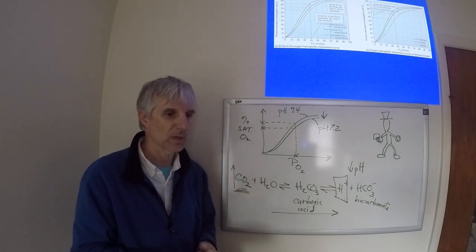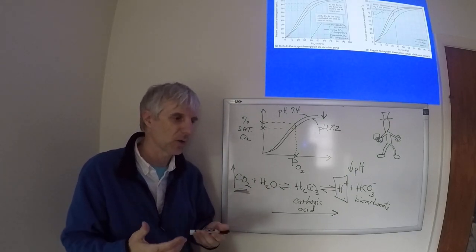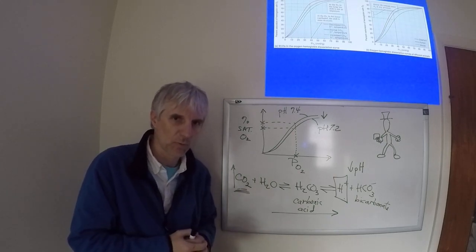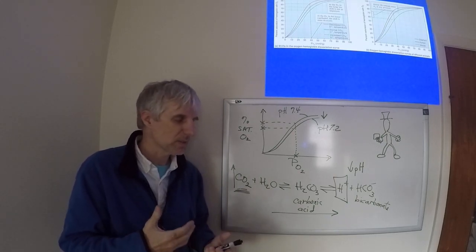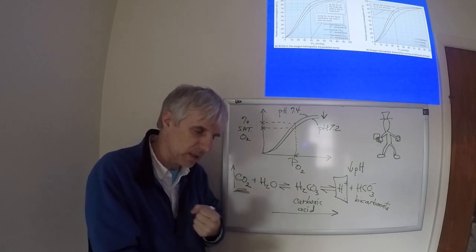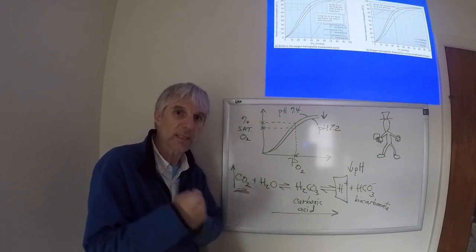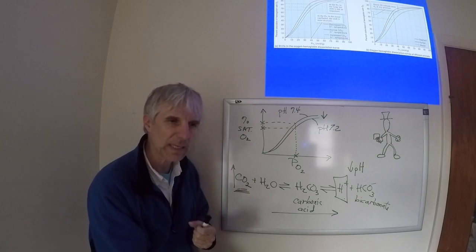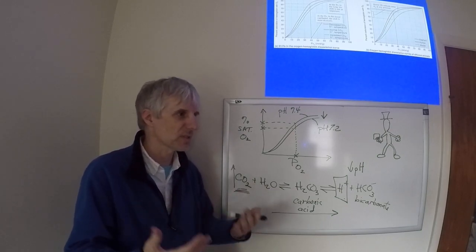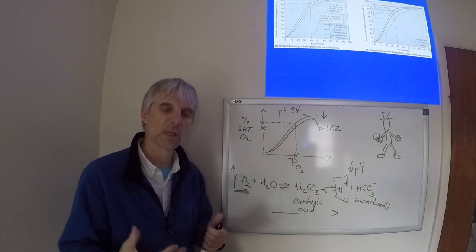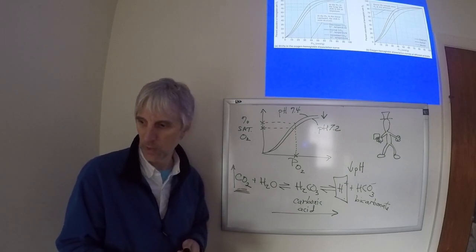Increased temperature also causes hemoglobin to cough up oxygen more readily. So think about tissue, like muscle tissue that's under heavy metabolic demand. You build up heat in those muscles, which should facilitate the dissociation of oxygen from the hemoglobin.